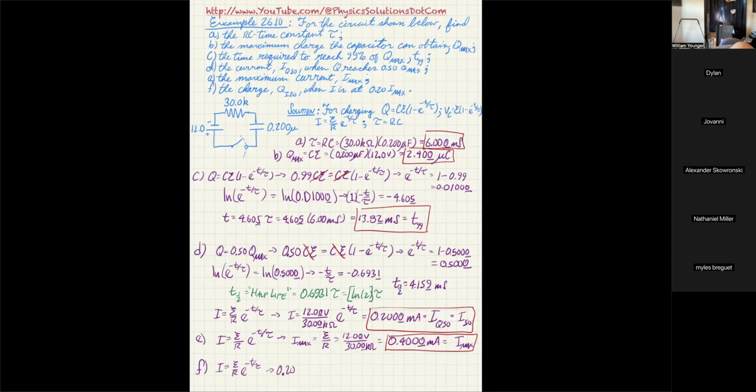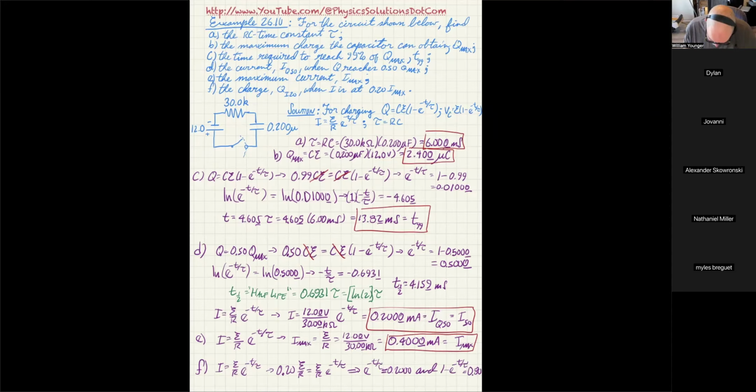We already figured out that I max is E over R, and we're going to set that equal to E over R times e to the negative t over tau. So we can already tell at this point e to the negative t over tau is going to be 0.2. Therefore, e to the negative t over tau is equal to 0.20, and 1 minus e to the negative t over tau is equal to 0.80.